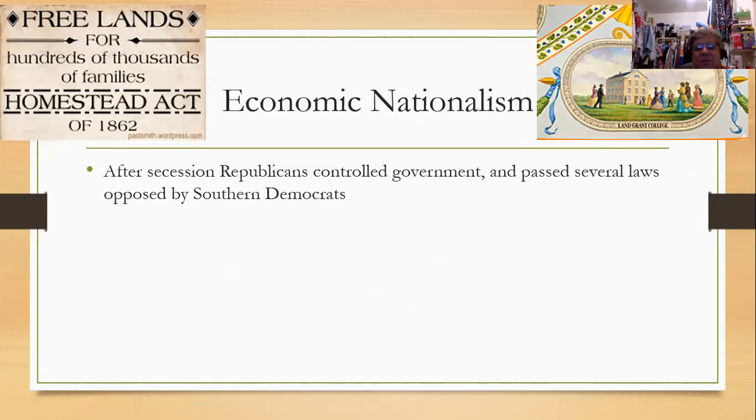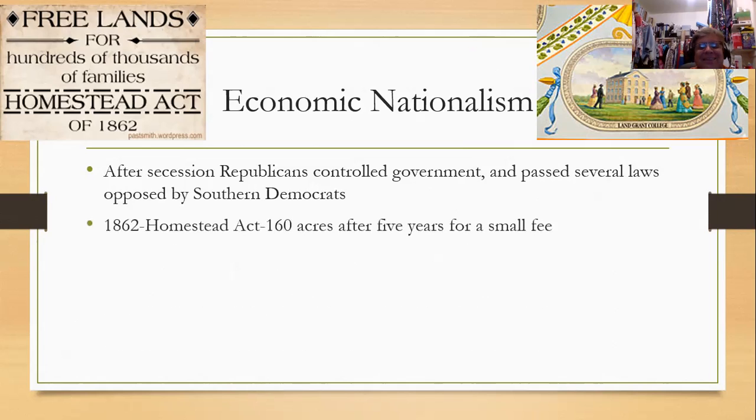Both nations use what we'll call economic nationalism. After secession, the Republican Party, which is still a relatively young party, only around for less than a decade, passed several laws that had been opposed by Southern Democrats. In 1862, the Homestead Act was passed, where settlers in the West could obtain 160 acres after living on the land and improving it.